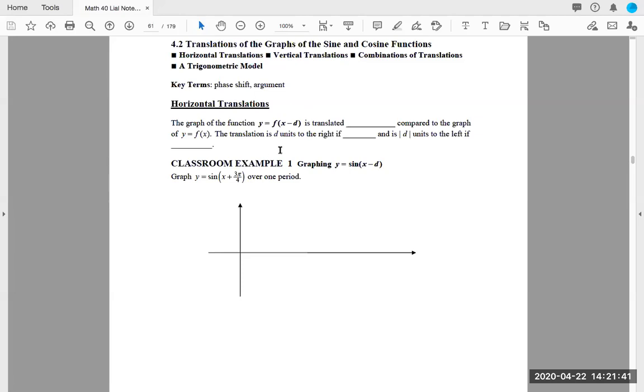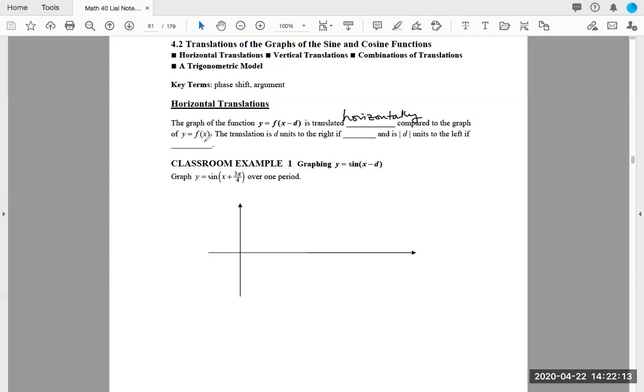Remember, you have this stuff in your notes for now. I can go ahead and fill out this chart just because it's here. So if you have a graph of a function, essentially your parent function would have been y equals f of x, but now your function has been shifted by this d value. That d value actually shifts you horizontally compared to your original f of x function.